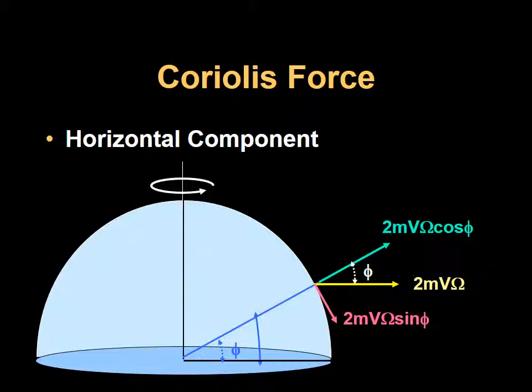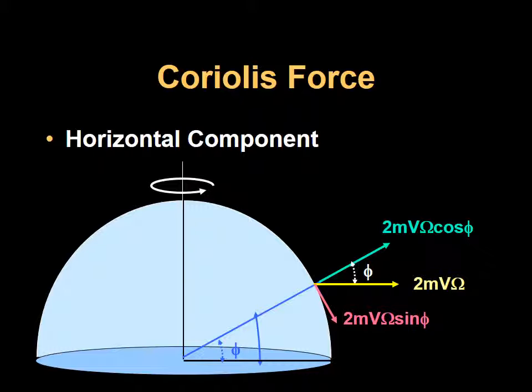To do that, we have to use a little bit of trigonometry, and our component on an XY plane, in other words, on a weather map, would be the sine of the latitude times omega. So there's Coriolis force that acts on just about any object that's moving.